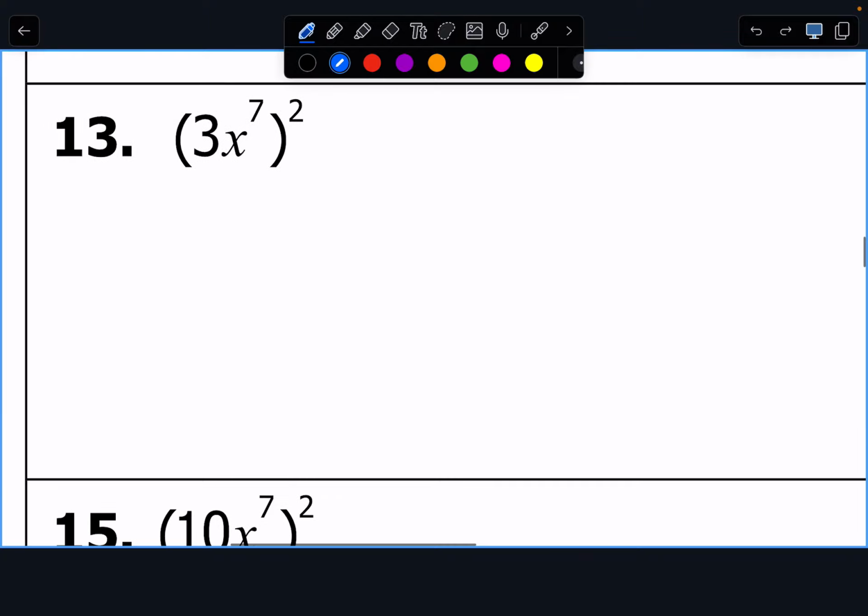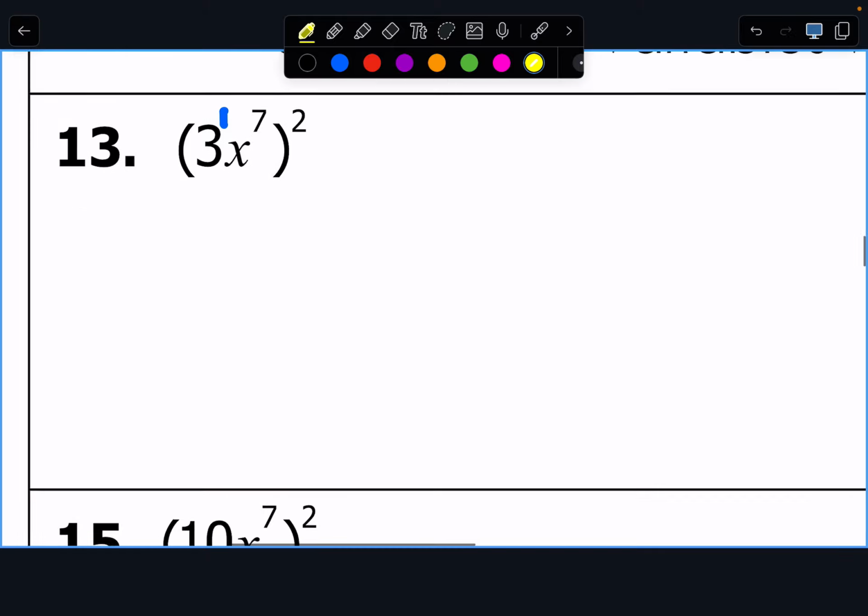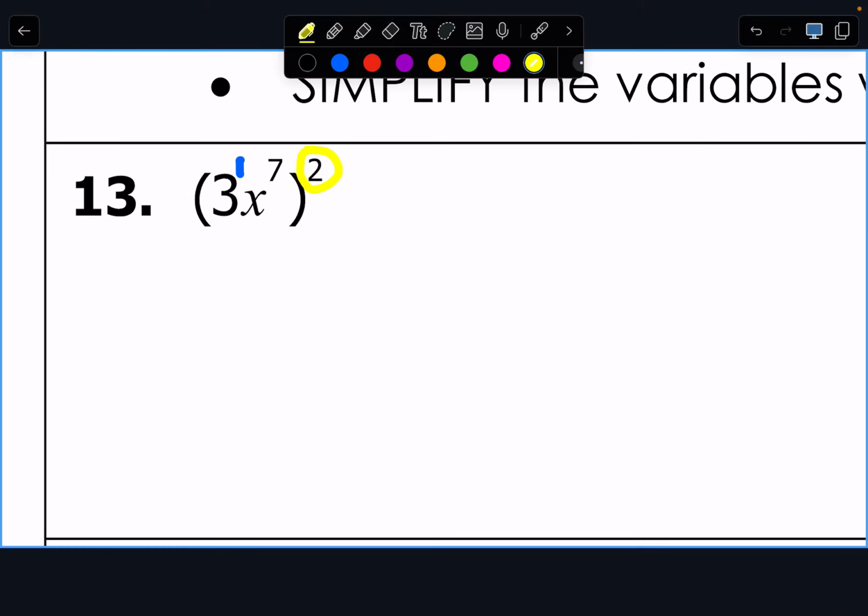What is the exponent on 3? There's nothing there, so we know that it's a 1. So we're going to take this exponent of 2, and it's going to get shared to every exponent inside the parentheses. So this becomes 3 to the 2nd power and x to the 14th power.